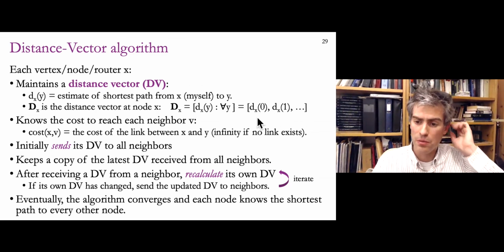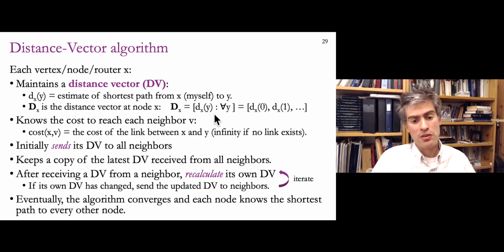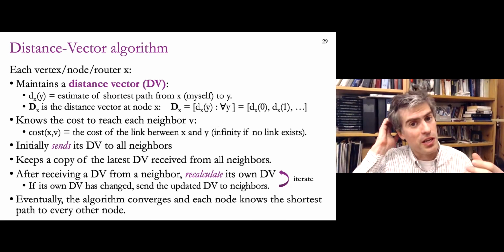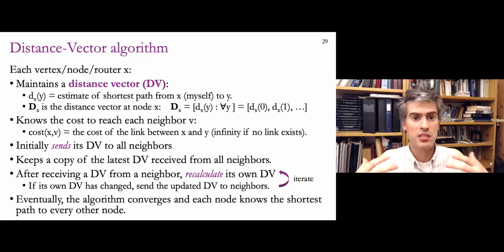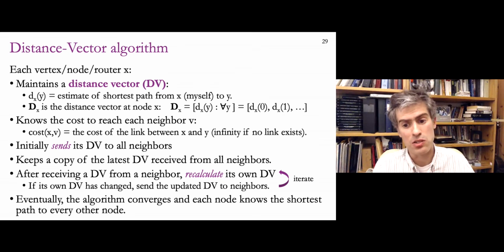That's what this formula is showing here. And when you give that to your neighbor, what you're telling your neighbor is, if you want to reach everyone in the network, here's the distance it takes to get from me to all these other destinations. And you can use that to make a routing decision, because you know that the cost for you to reach those destinations, if you go through me, is the cost of the link from you to me plus the value listed in my distance vector.